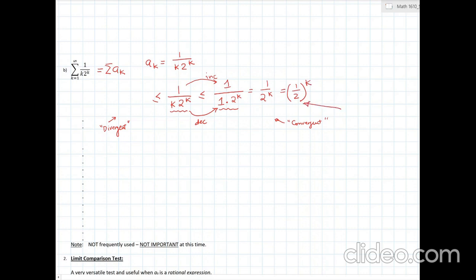So suppose this is my bk. So the next question is, what about this series bk? That means if I add up 1/2 raised to the power k, what can I say about this? But this is a geometric series with r equals half. So that's great because this converges.